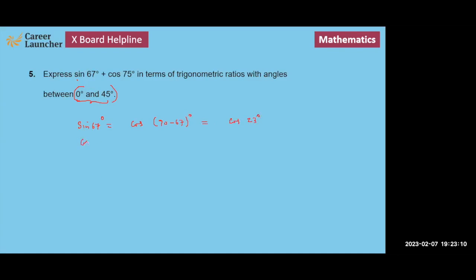Similarly, cos of 75 degrees can be written as sine of 90 minus 75, which is equal to sine 15 degrees. So it can be written as sine 15 degrees plus cos of 23 degrees. It's a fairly simple question.